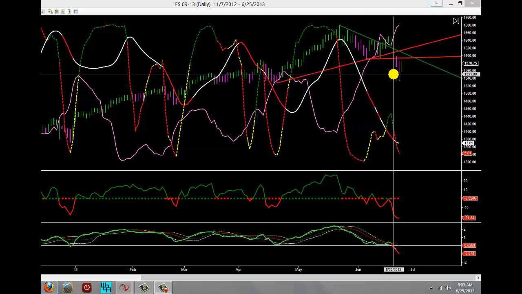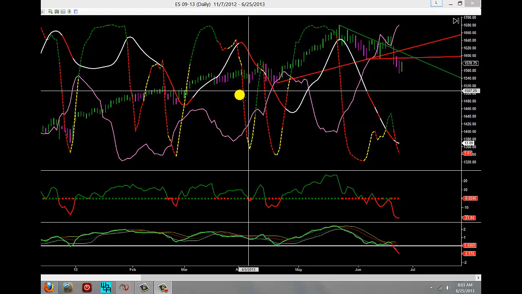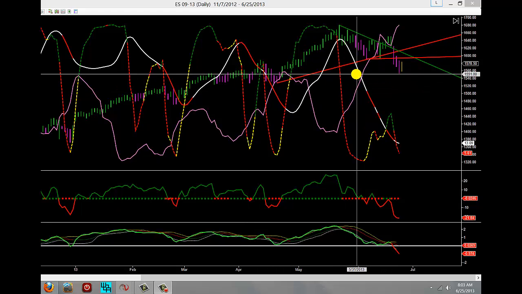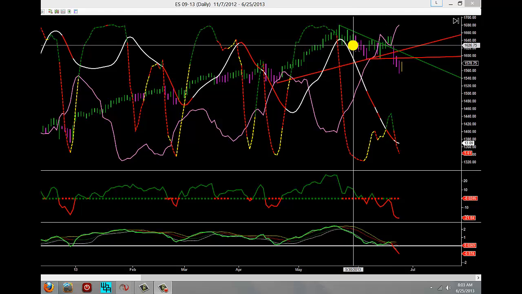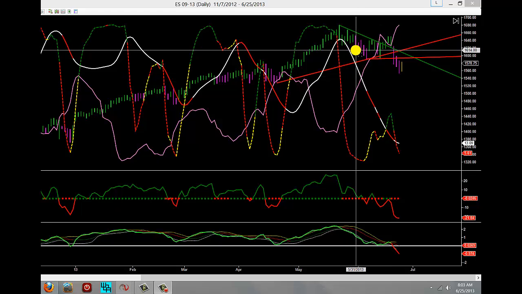Back at the end of last month, May 31st, I made another daily chart, and the market had ended on 531, right on this bar right here.